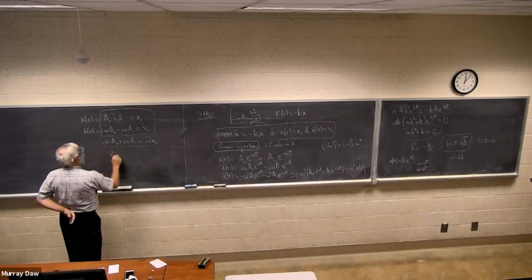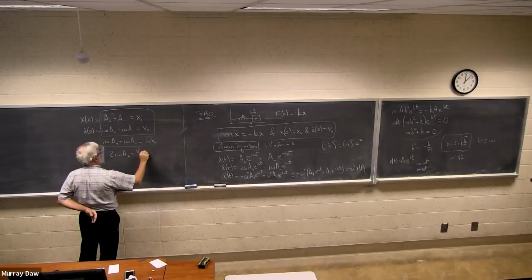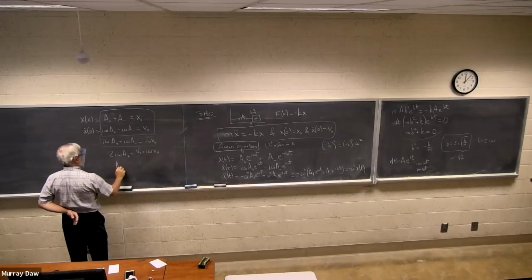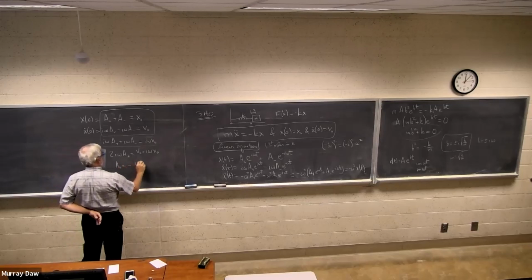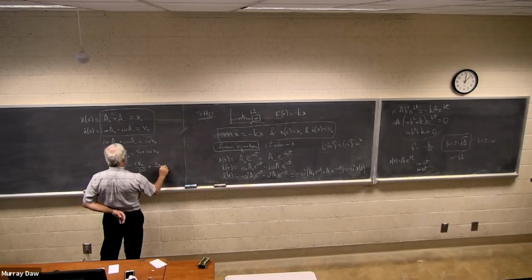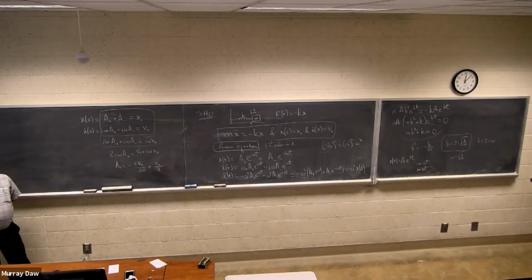So we add them together, and the A minus terms drop out. Okay, so A plus is minus i v naught over 2 omega plus x naught over 2. Complex number, real and imaginary part.